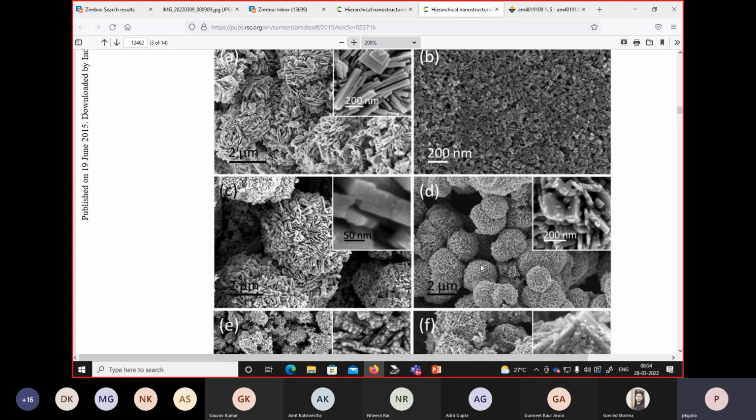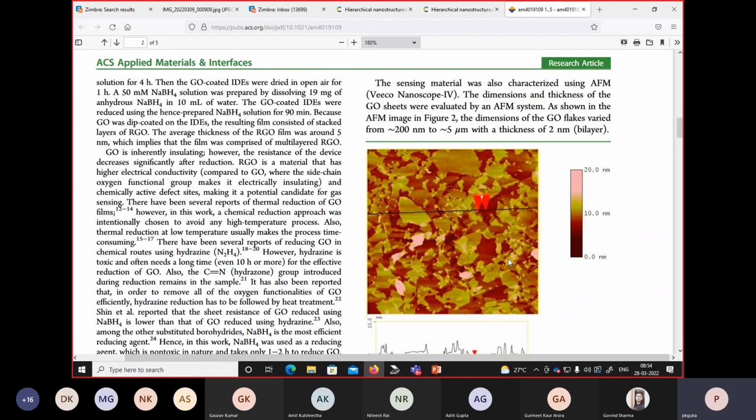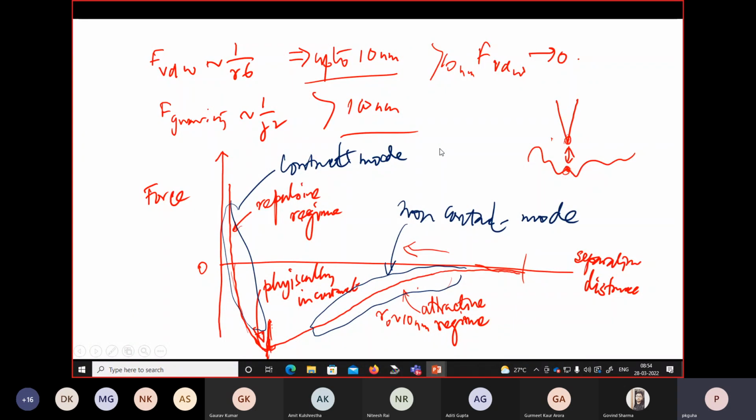If you need a height profile, we always go for an AFM image. Anyway, this is all about AFM. I will upload the note and you can go through the note.